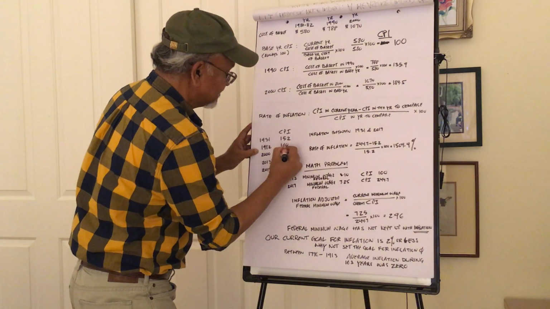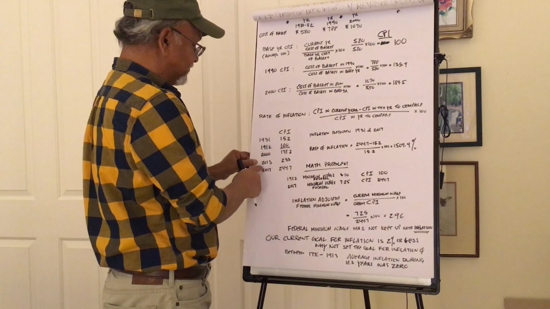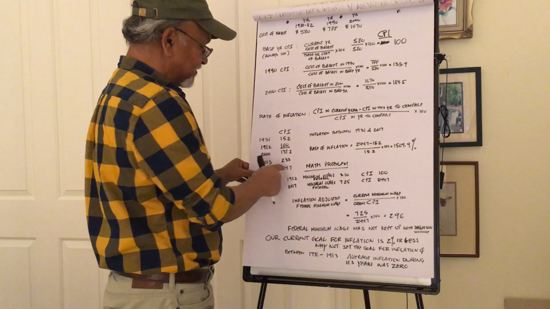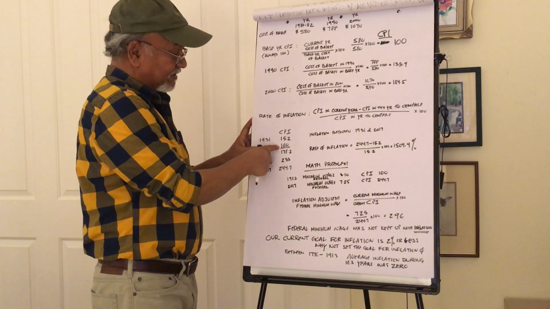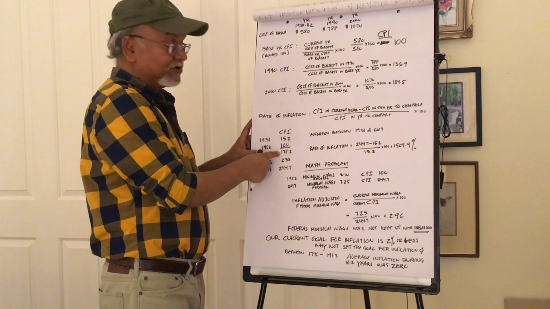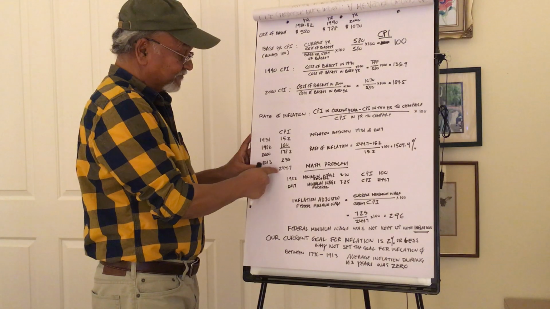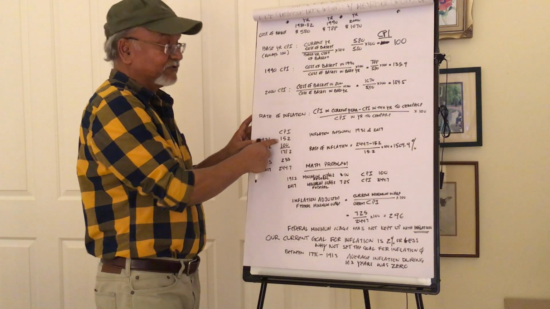I'm going to underline this base year. 2000, 178.2, 2013, 233, 2017, 244.7. Again, the basket that costs $100 in 1982 costs 178.2 units in 2000. 2013, 233, 2017, 244.7. If you go back, it costs only 15.2 units.